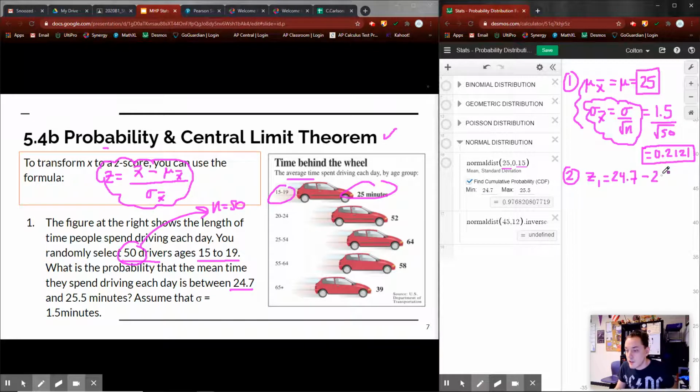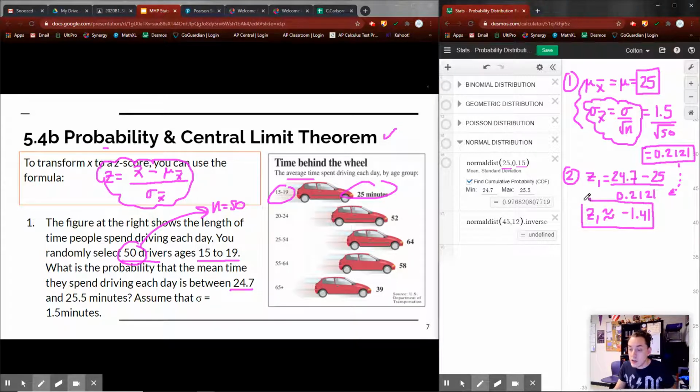That's going to be minus 25, and this is all over the standard deviation of my sample means, 0.2121. This will approximately equal, when I simplify this, and you can do it right here on the calculator if you want to, negative 1.41. This is my first z-score.